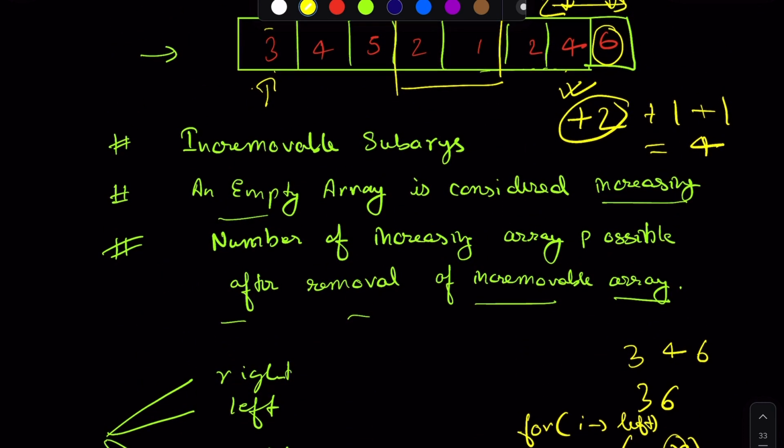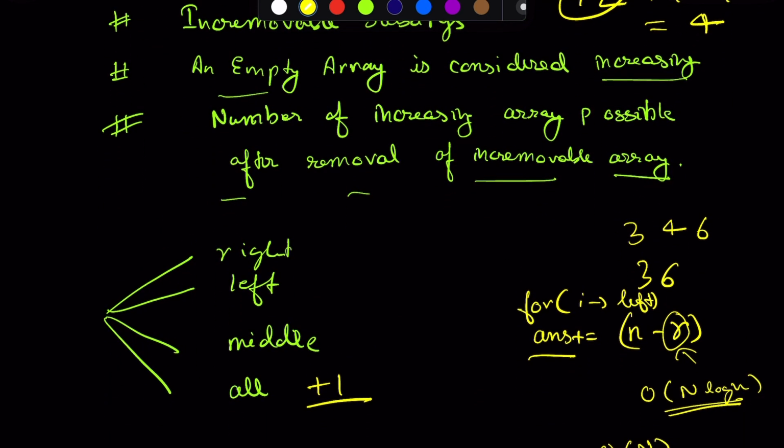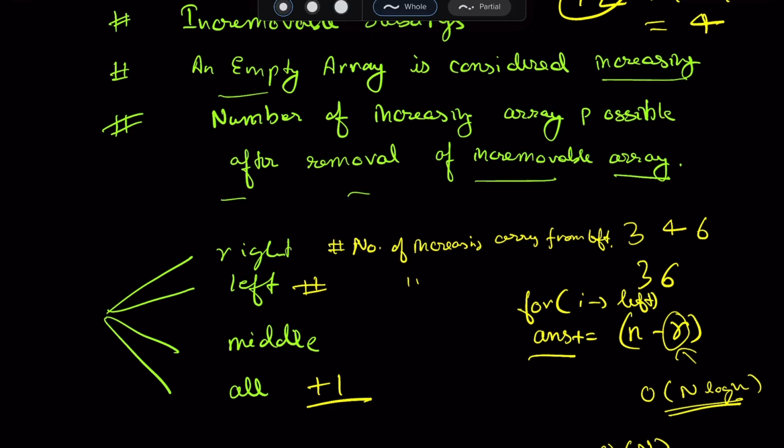So in summary, if we remove from the right, we have to count the number of increasing arrays from the left. Similarly for the left, the number of increasing arrays from the right.